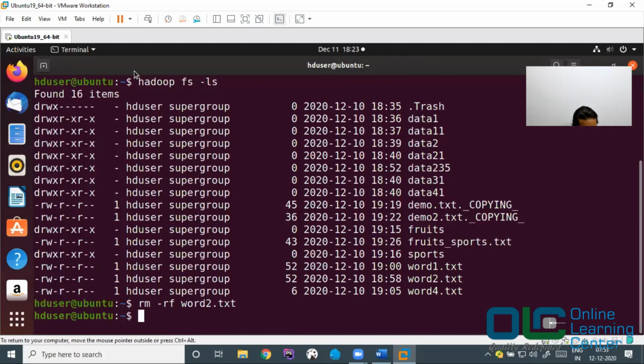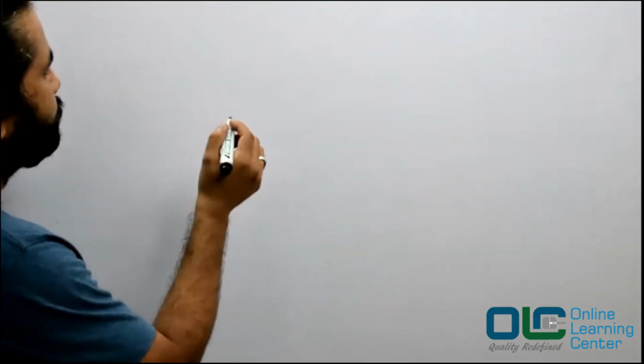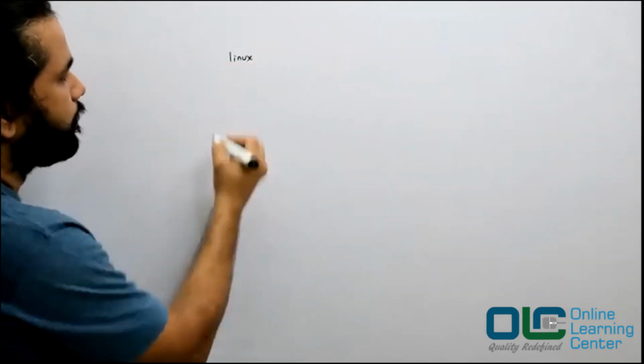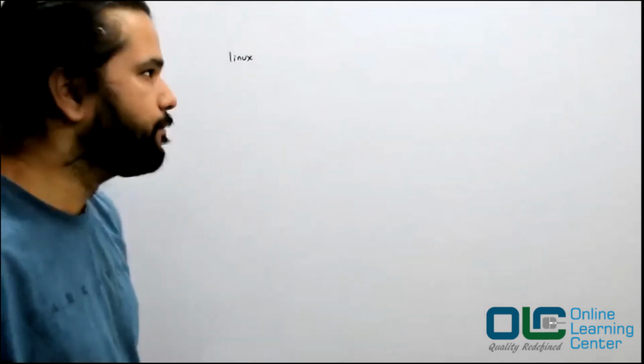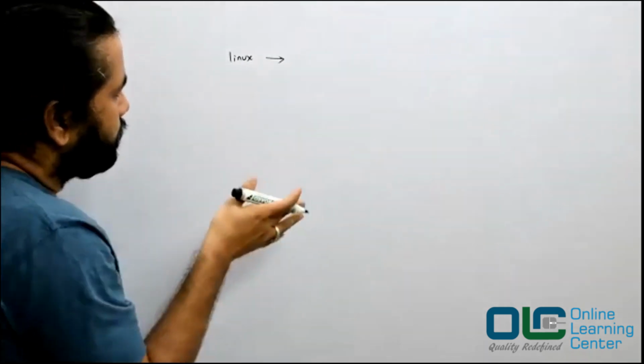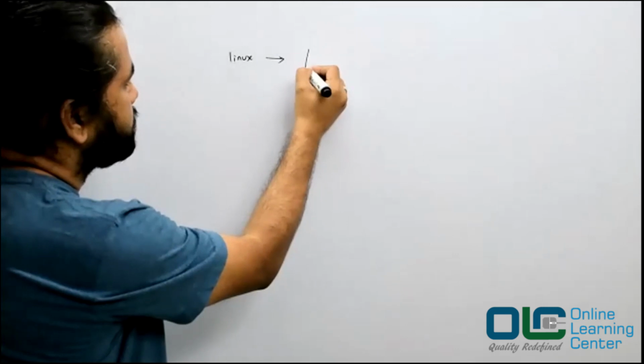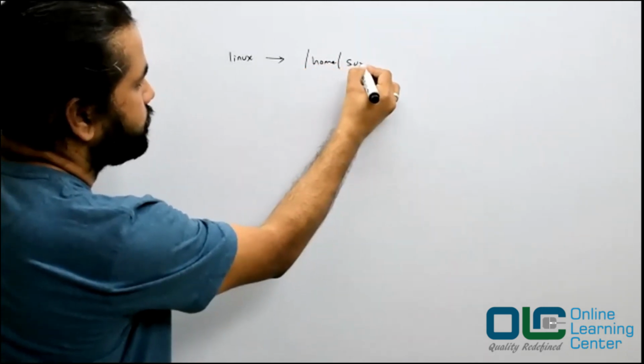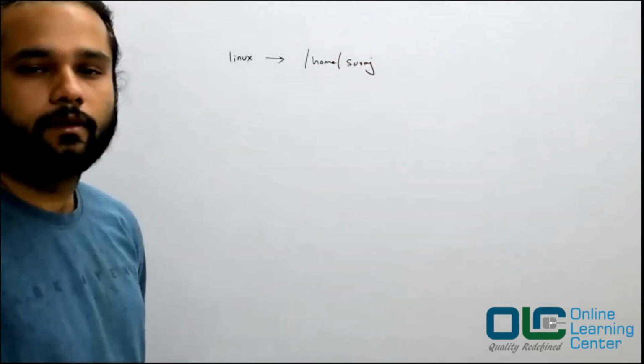And what is the location, guys? The location is /user/hduser. So please don't get confused; let me explain it on the board again. When you are working on your Linux file system, the default folders would look like /home/username, for example Suraj.